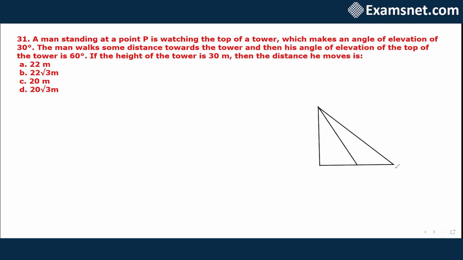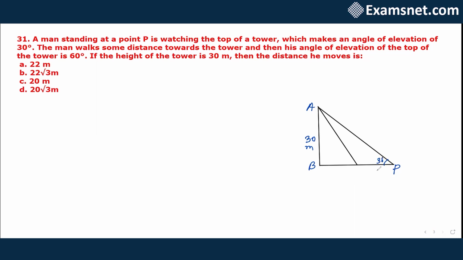Let's say there is a point on the ground P. At the beginning, the man was standing at the point P, and he is watching the top of a tower, let's say AB, and that is of 30 meters. Now that angle of elevation is 30 degrees.